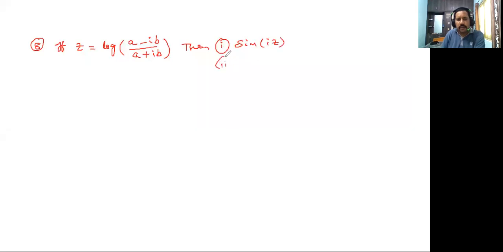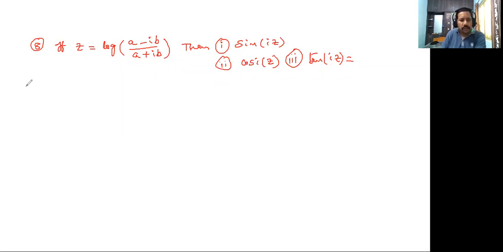Second bit, cos of iz. Third bit, tan of iz. These values we need to find. These are important in mains and advanced. These are not particularly important in IP.